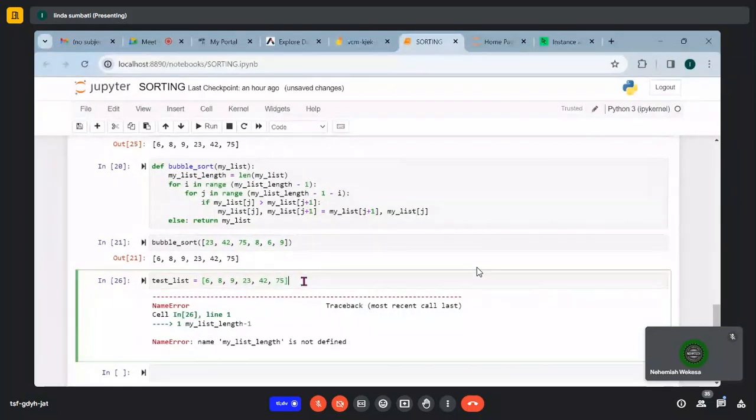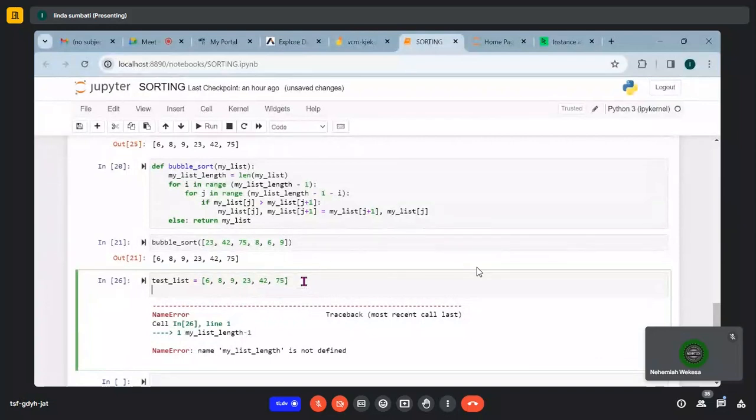Then now we say len of test list -1. Like you want to find the length of test list.